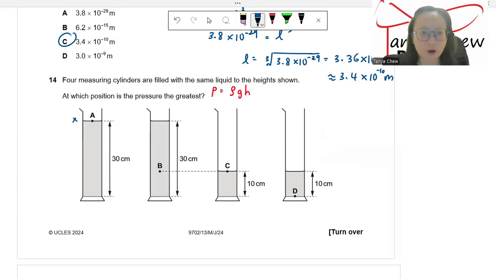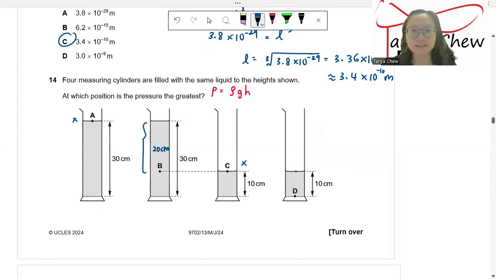So from the surface of the liquid, the depth of B is 20 cm. C is at the surface of the liquid, so this is not true. D is only 10 cm. The h is only 10 cm measured from the surface. Now, which one has the greatest height or greatest depth? It is actually B. Therefore, B is the answer.